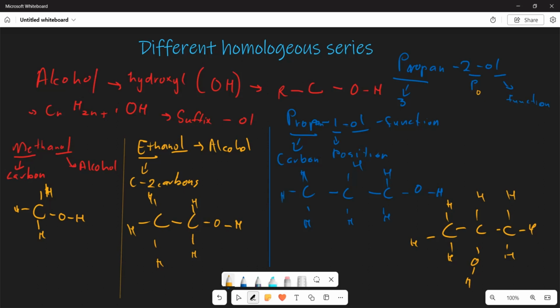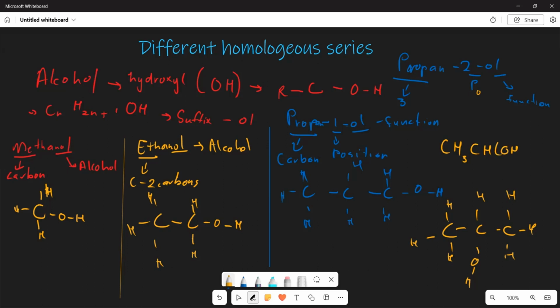Now, let's say we want to find out the condensed structure of this. The first C consists of how many hydrogens? The hydrogens consist of 3, so this is going to be CH3. The second one consists of 1 carbon, 1 H, so that is CH.